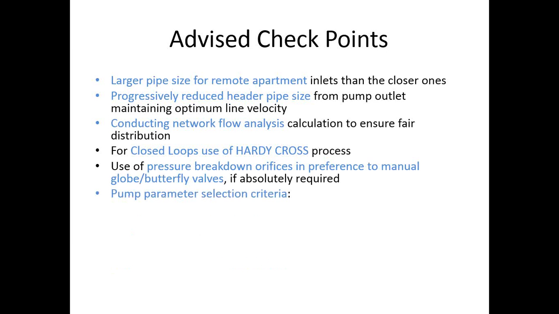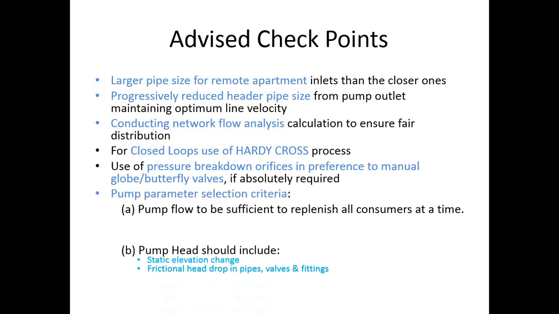Pump parameter selection criteria: pump flow must be sufficient to replenish all consumers at a time, and pump head should include static elevation change and frictional head drop in pipes, valves, and fittings.